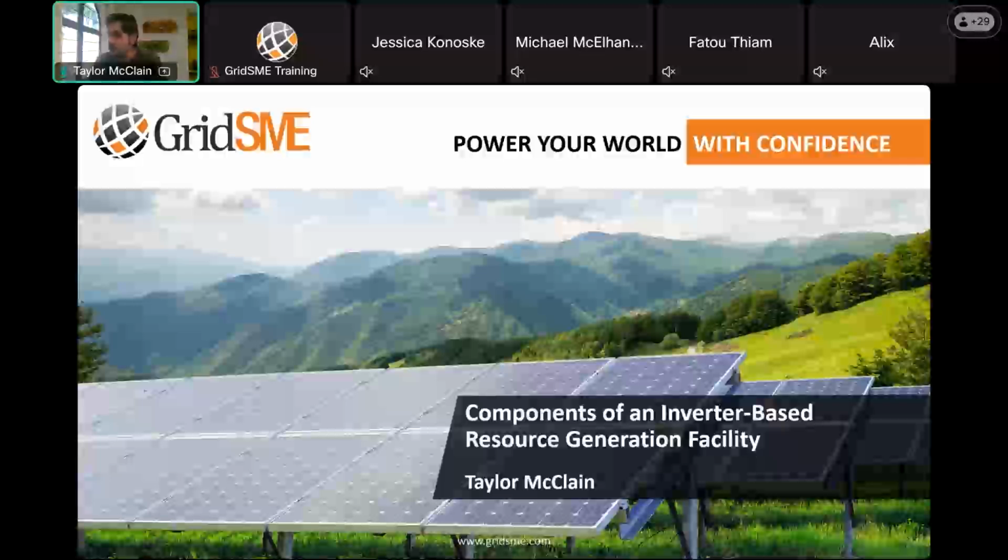So what we're talking about today is really ingrained in the work that we do. We support a number of clients with a number of different types of resources, but as most can guess, inverter-based resources are a big part of what we do. And so what we're going to be going over today is going to be geared towards the inverter-based resource outline, but hopefully there's little nuggets throughout that provide some insight into other types of resources.